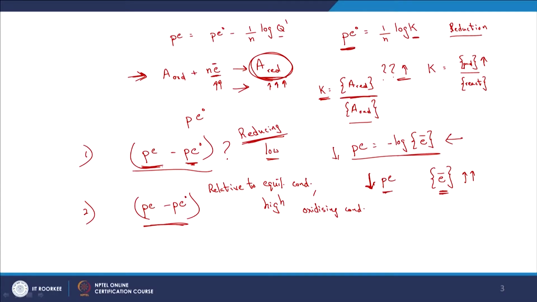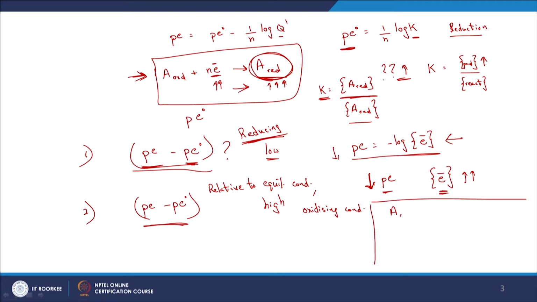Here we have a graph, but before we go further, we should be able to visualize what we are trying to say. Let us plug this in terms of what we know. This is the generic equation: the oxidized form plus electrons goes to the reduced form. What is this similar to?